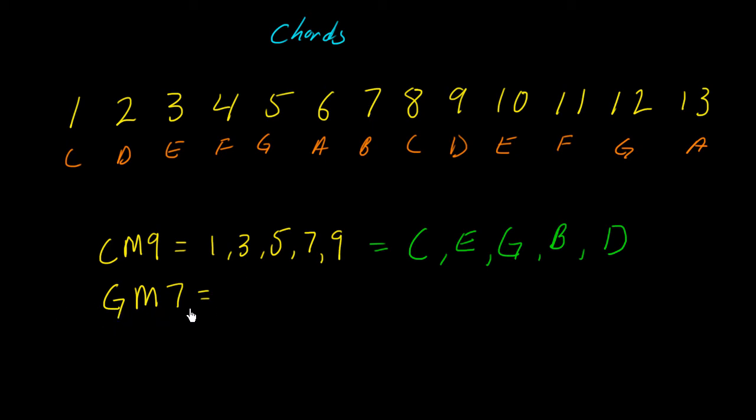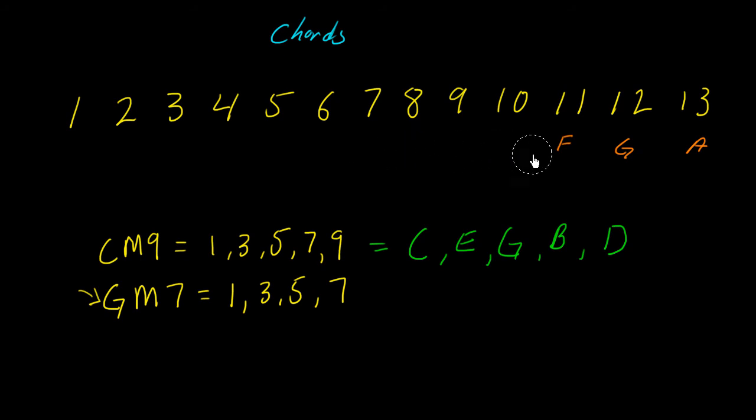So G major 7 includes the notes 1, 3, 5, and 7. But remember, now you have everything that's created in the G major scale because the location is a G. So I would have to change these. All these notes would change.